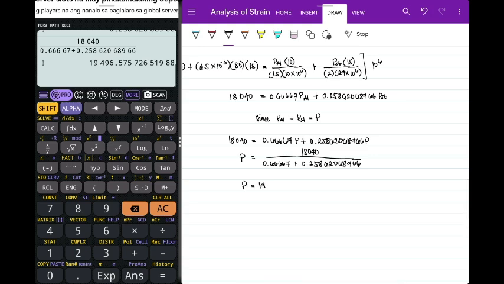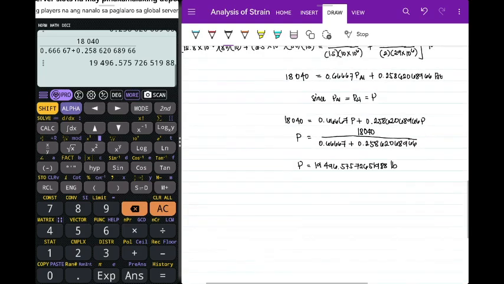So our calculated P is 19,496.57572651988.